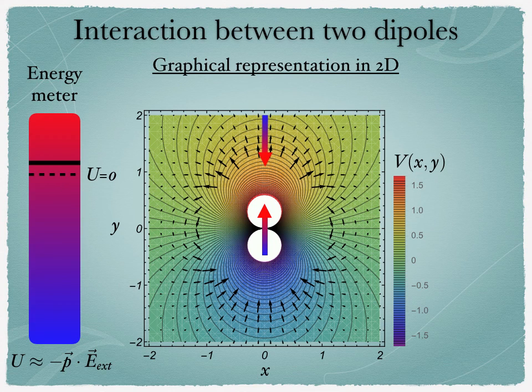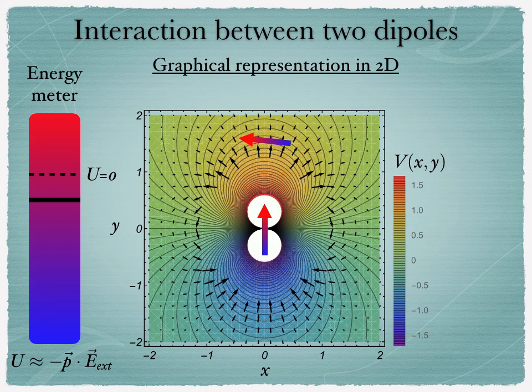Now, of course, the dipoles in principle can also change their orientations. And so as the dipole at the top changes its orientation, it can actually decrease its potential energy lower than 0. This happens as soon as the scalar product between P, the dipole moment of the top dipole, and the electric field generated by the central dipole becomes positive.